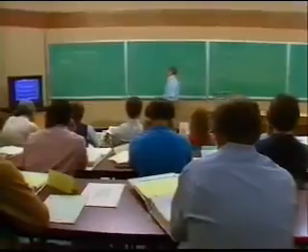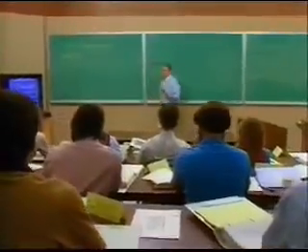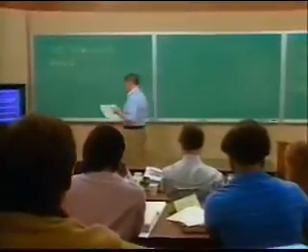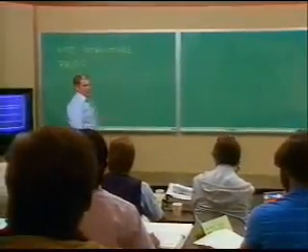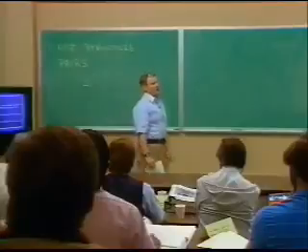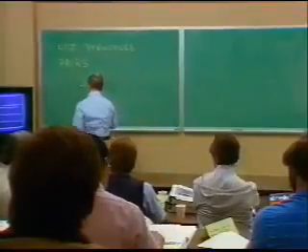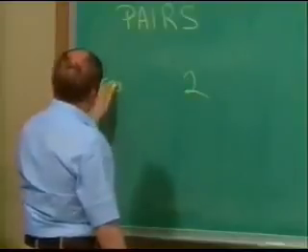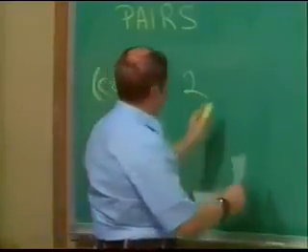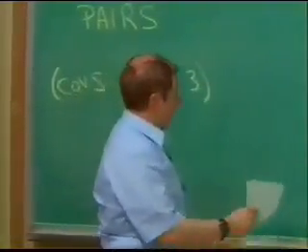There's also a conventional way of drawing pictures of these things, just as we write down the numeral 2 as the conventional way of writing Plato's idea of 2. The way we could draw a diagram to represent cons of 2 and 3 is like this.